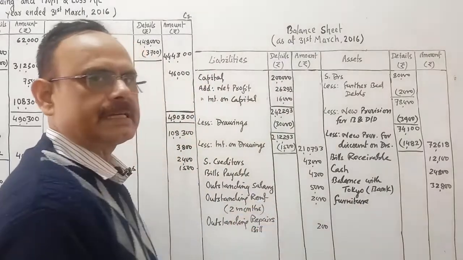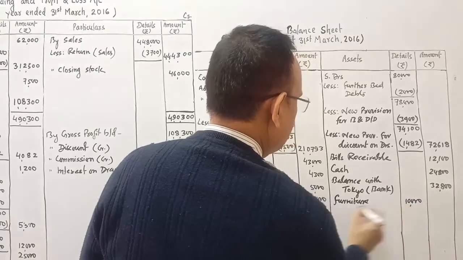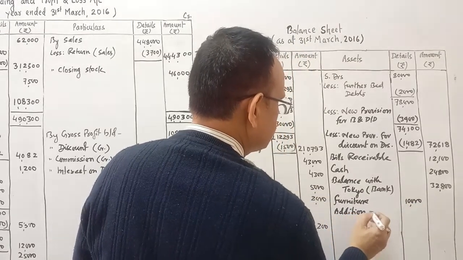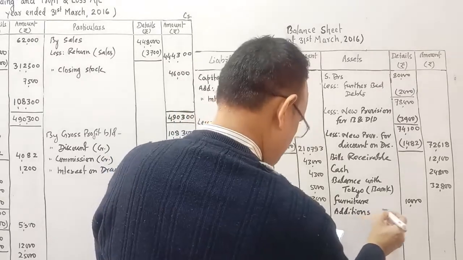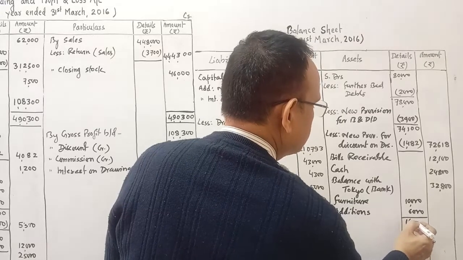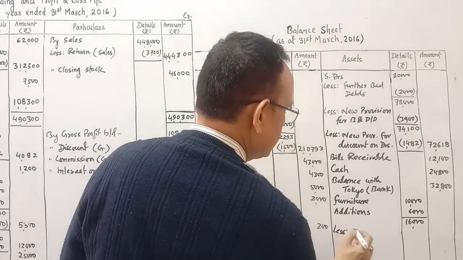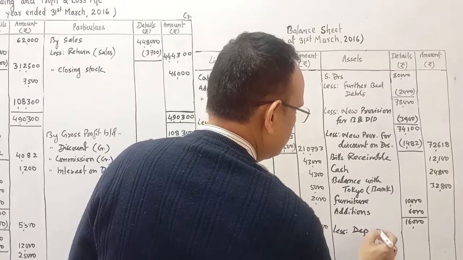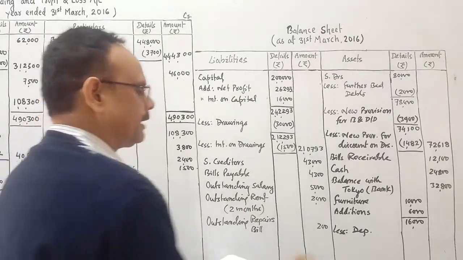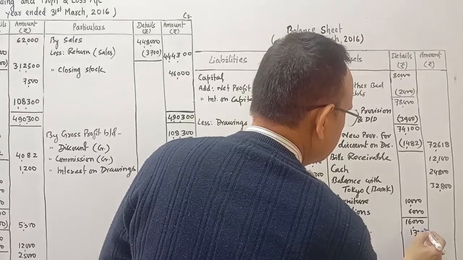There two furnitures are given. One is the opening furniture and another is purchased on 1st January 2016. Additions were 6,000. So total furniture is 16,000, and from this amount we will deduct the depreciation, which we have already calculated in the working note, 1,725.